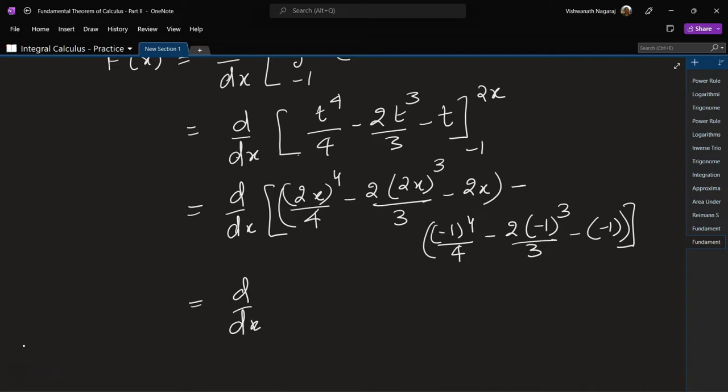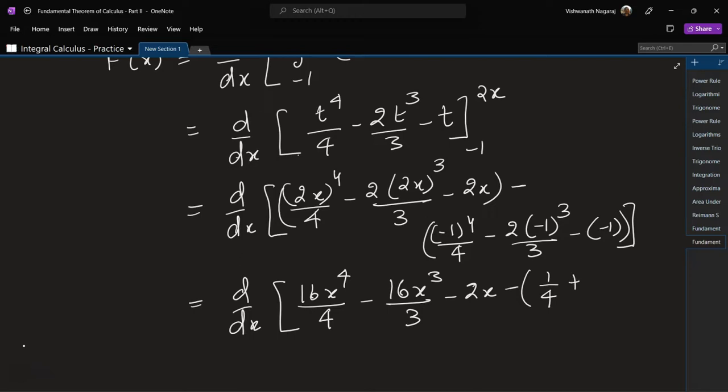d by dx of 2 to the power of 4 is 16x to the power of 4 by 4 minus 2 cube is 8, 8 to 16 x cube by 3 minus 2x, and this would be, let's keep the minus sign and use the brackets. This would be 1 by 4 minus 1 cube is minus 1 minus 2 is plus 2 by 3 plus 1.